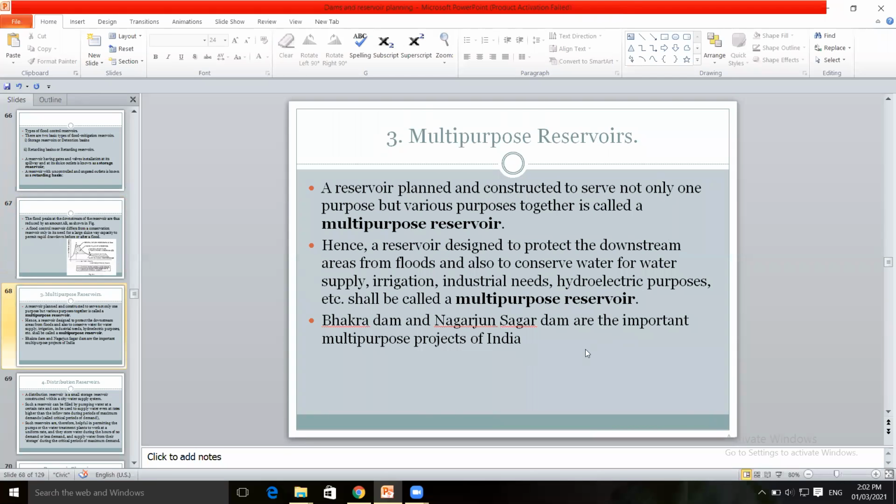So these are the multi-purpose reservoirs which are planned and constructed to serve various purposes, to fulfill the various requirements, various objectives, like to control the flood, to conserve the water, for supply of the water to particular cities or villages or towns, or for industries, or for irrigation purpose or for generation of electricity. For these purposes, these multi-purpose reservoirs are designed.